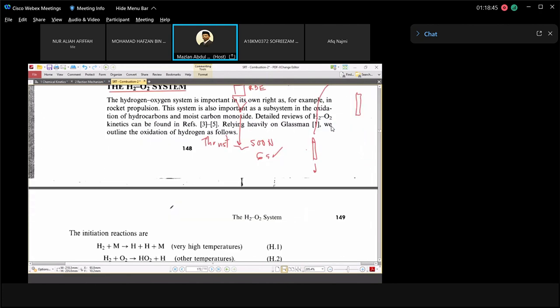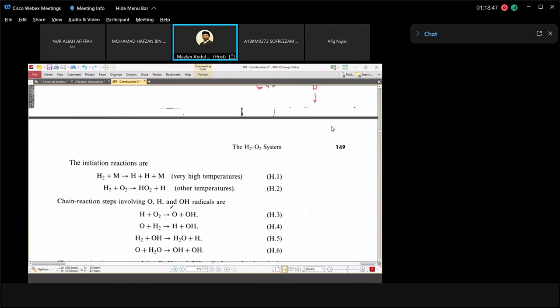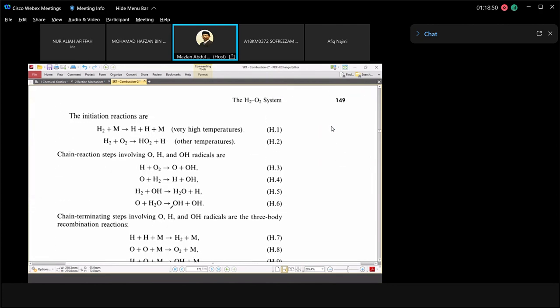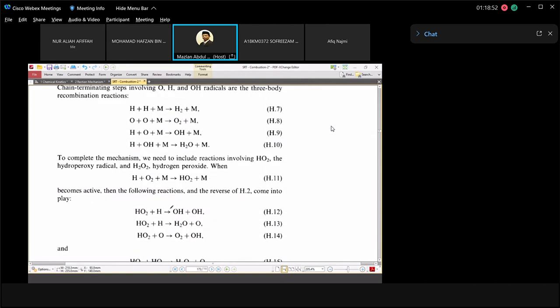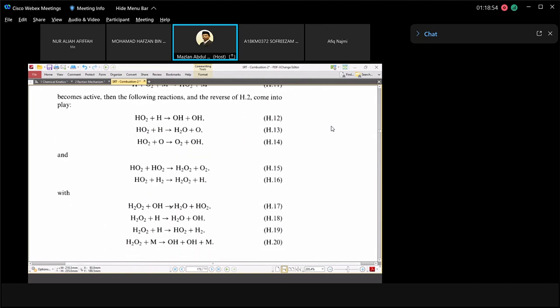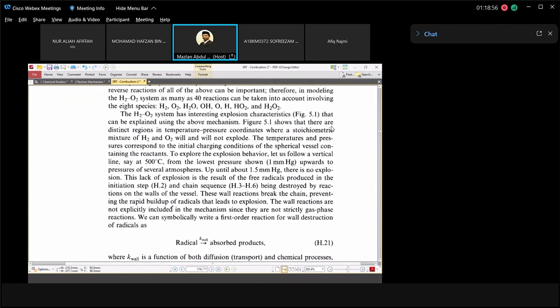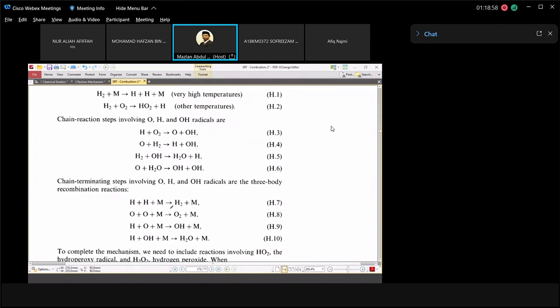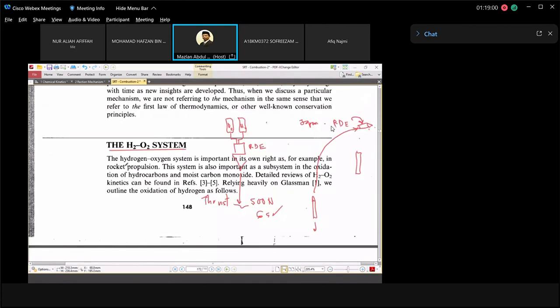Right, so here is the mechanism. How many reactions? 1, 2, 3, 4, 5, 6, 7, 8, 9, 10, 11 until 20. Yes, 20. The hydrogen oxygen system is important in its own right, especially in rocket propulsion.